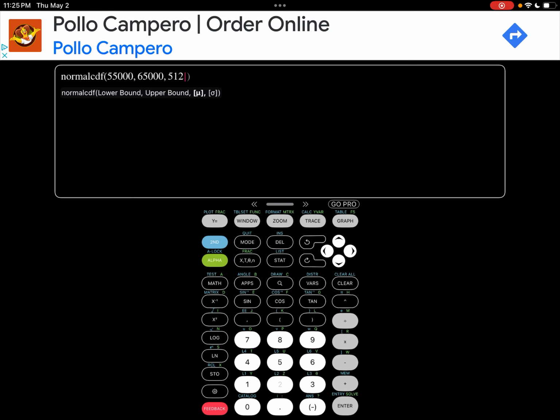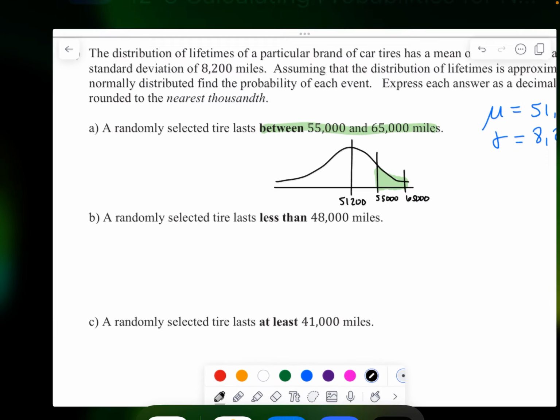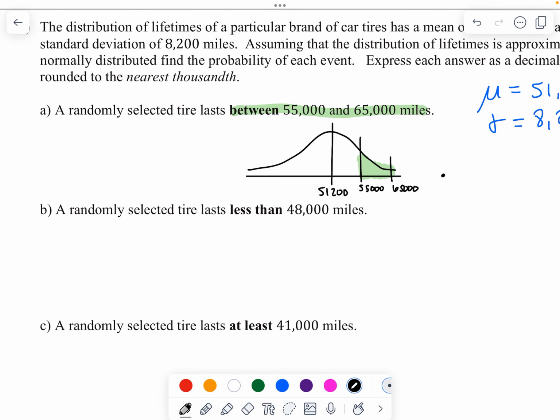The average was 51,200, and the standard deviation was 8,200. And rounding to the nearest thousandth, we should get 0.275. That would represent this sum of percents. Take a moment to try part B if you haven't already.